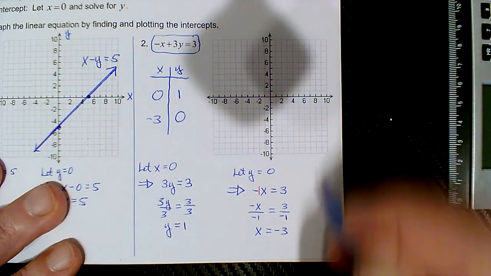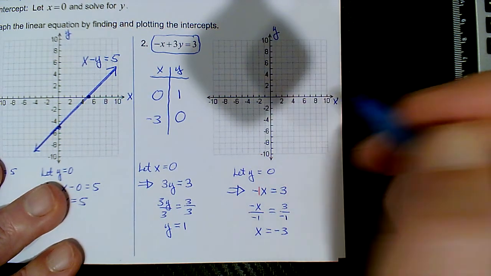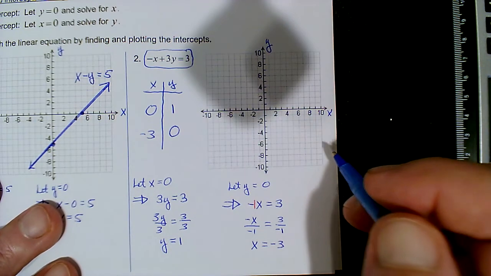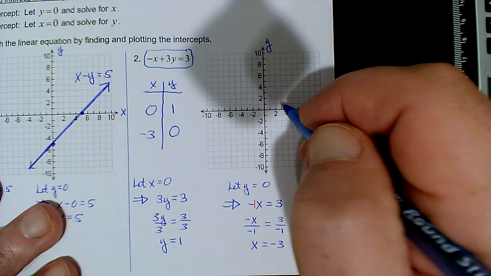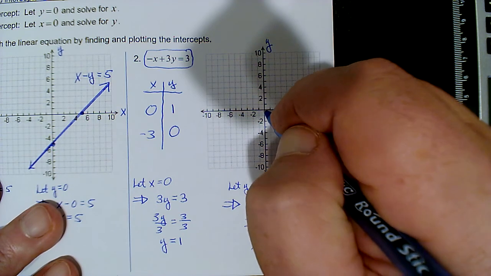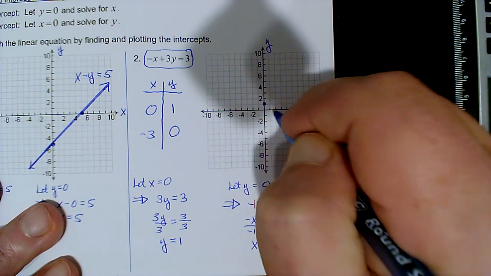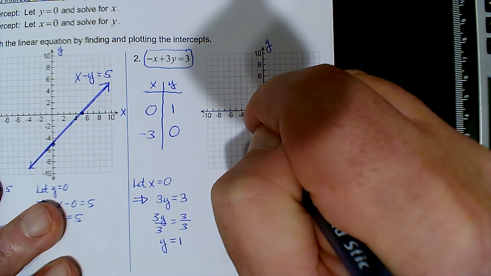So let me label the axes. There's the x, there's the y. And now our points. 0, 1. So 0 in the x, 1 in the y. That's right there. And negative 3, 0, so negative 3 in the x, 0 in the y.